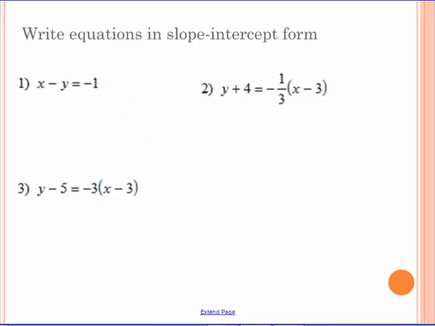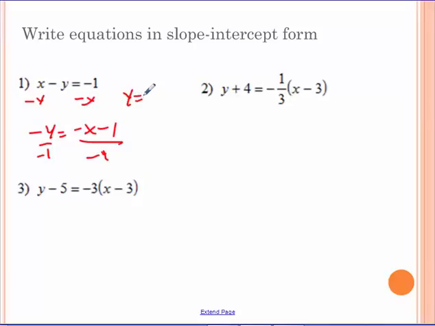And what we want to do here is change these equations so that they are in slope-intercept form. It's easier to work with slope-intercept form if we could change all of them to that. So for this first one, let's get x to the other side. Negative y equals negative x minus 1. I want to divide everything by negative 1, which essentially just switches the signs.